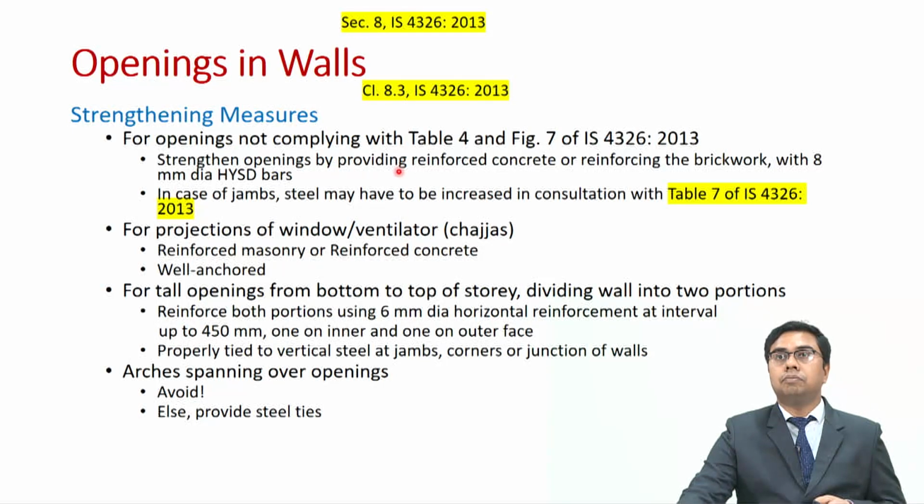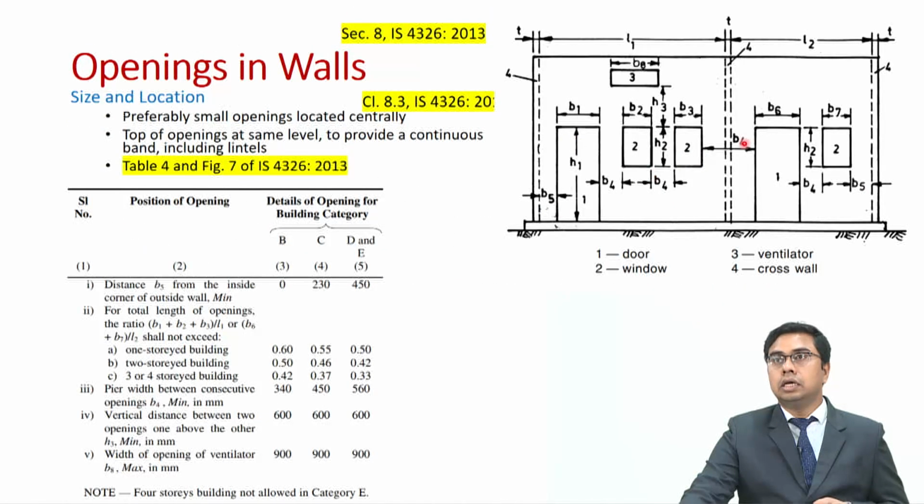You strengthen them by providing reinforced concrete or reinforcing the brickwork with 8 mm dia high strength steel bars. In case of jambs, steel may have to be increased in consultation with table 7 of IS 4326. Now, what is a jamb? Jamb is the band which is provided vertically on either side of the door.